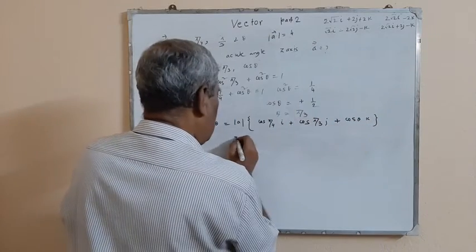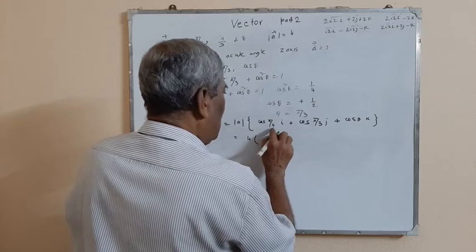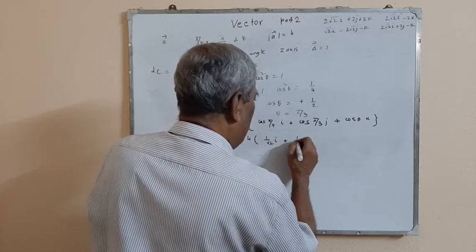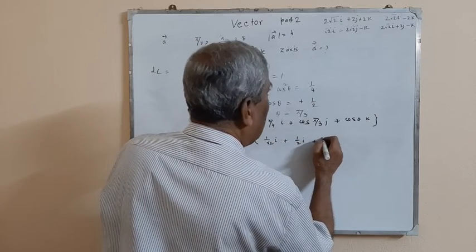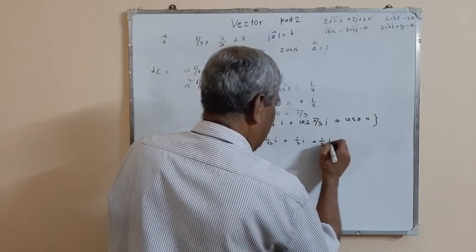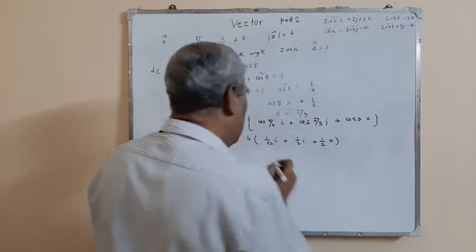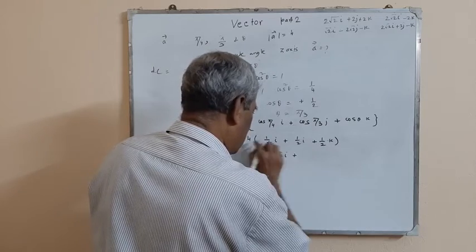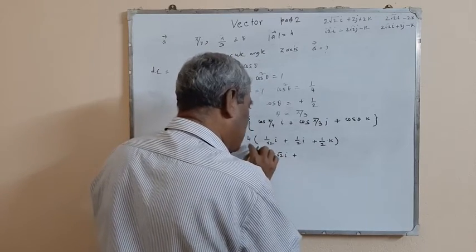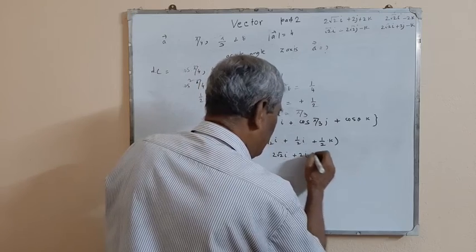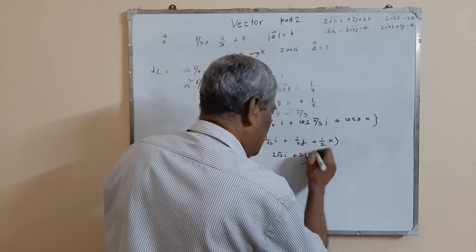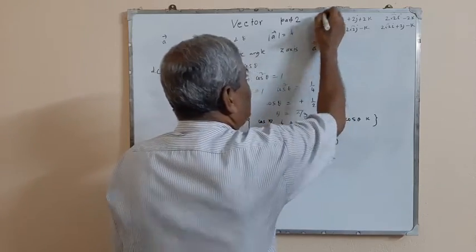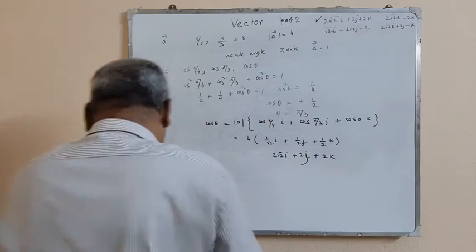That is, it is equal to 4 into 1 by root 2 i plus half j plus half k. So vector A is 2 root 2 i plus 2 j plus 2 k. First one is the correct option.